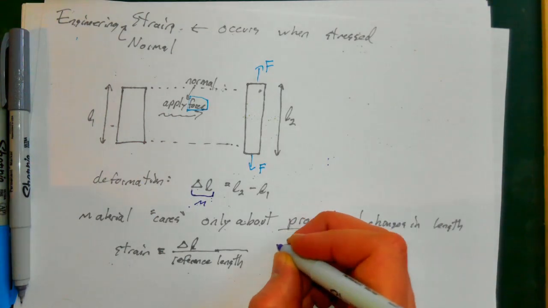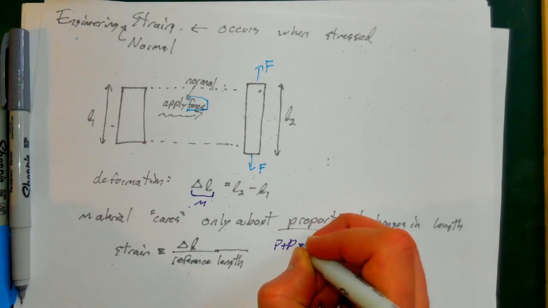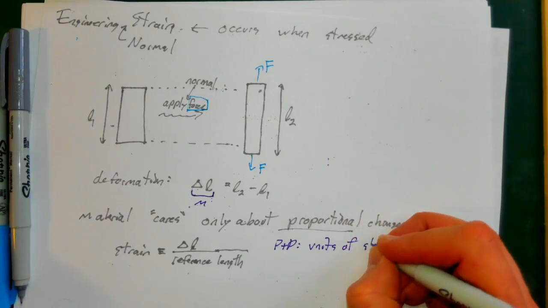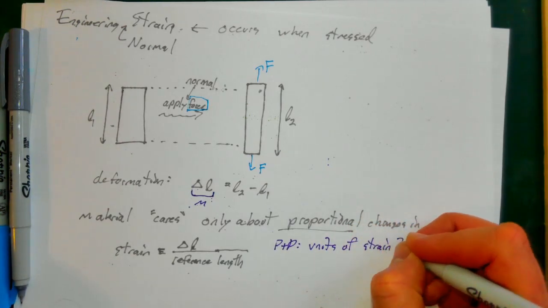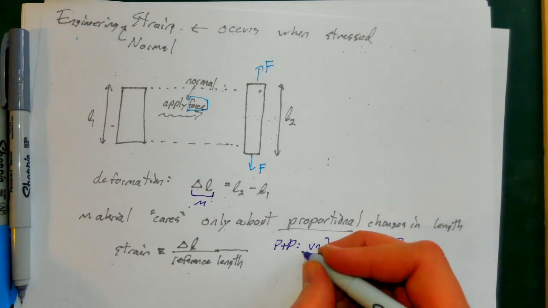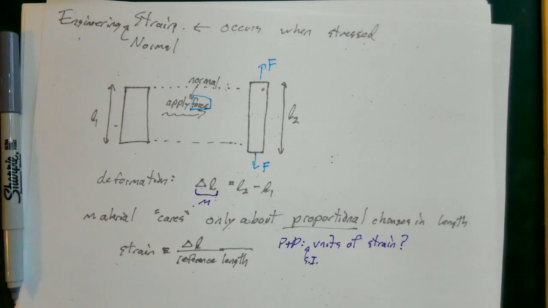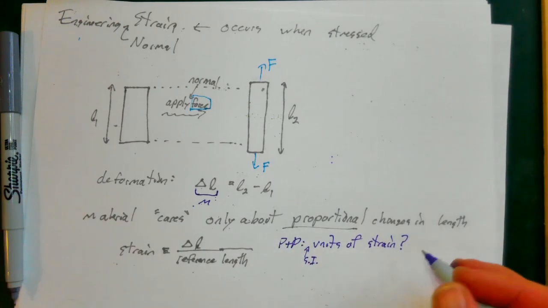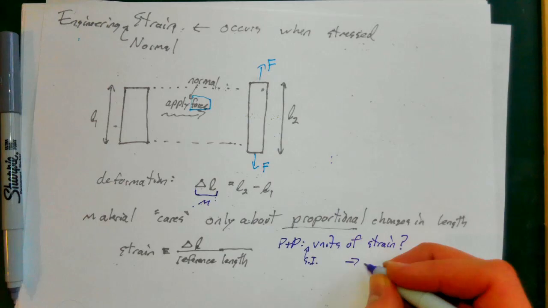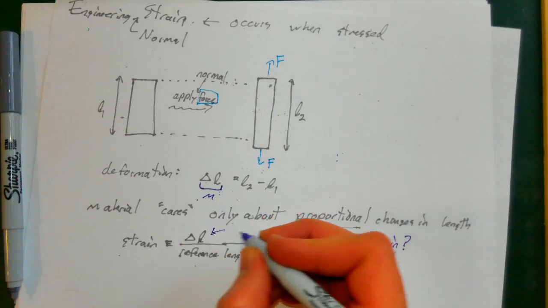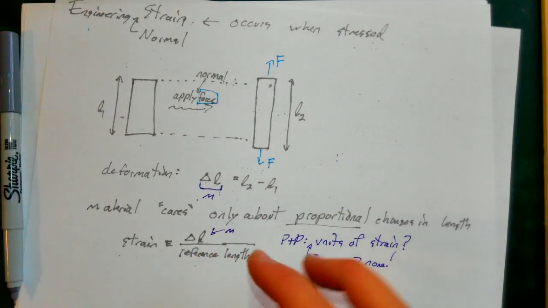And so take a moment now, pause and ponder. What are the units of strain? If you're working in SI, let's say. Well, hopefully you've had a chance to work it out. If you pause and ponder, the units of strain, there are actually none. It's a trick question, right? Delta L would have units of meters.